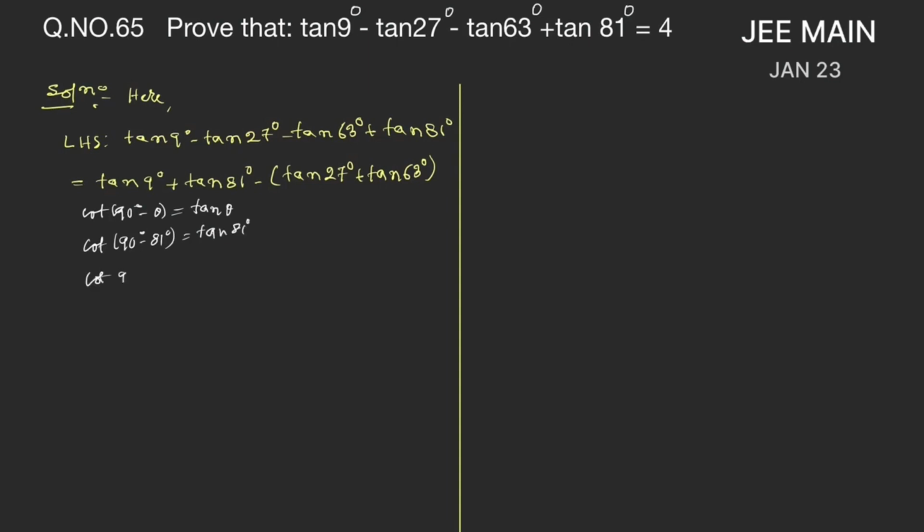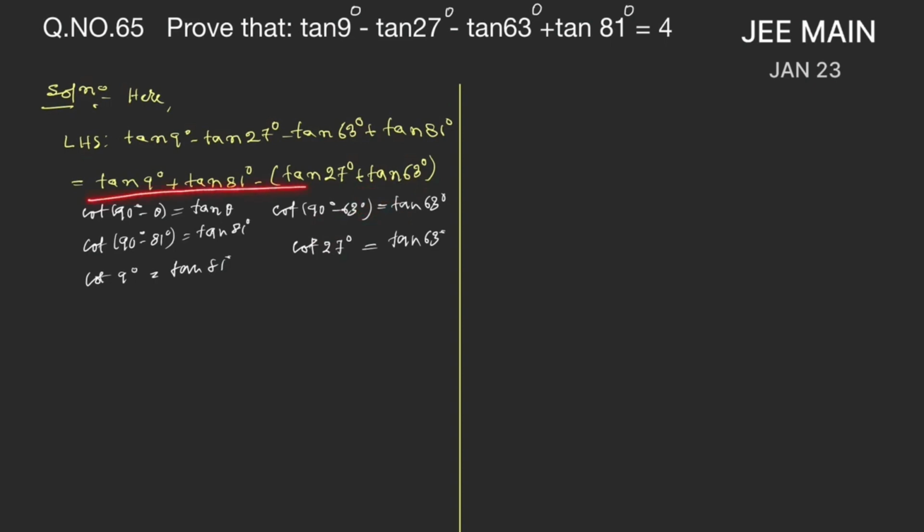So cot 9 degree which we are able to write tan 81 degree. Similarly we write cot 90 degree minus 63 degree equal to tan 63 degree. This implies that cot 27 degree equal to tan 63 degree. So in the place of tan 81 degree we are able to write cot 9 degree, and in the place of tan 63 degree we are able to write cot 27 degree.